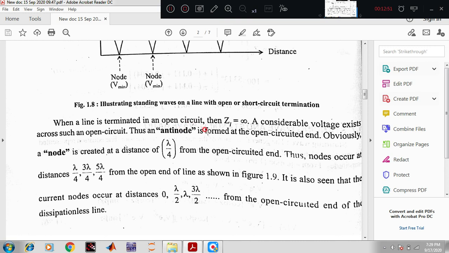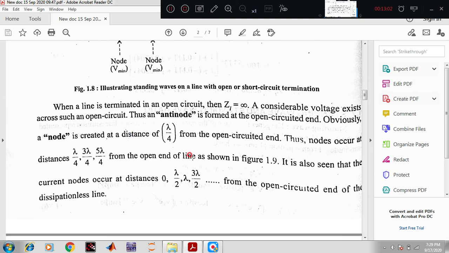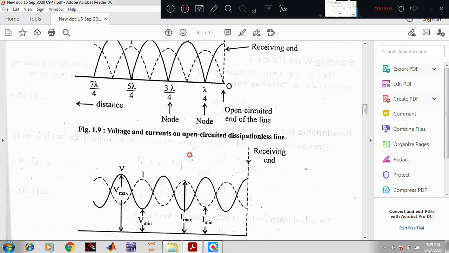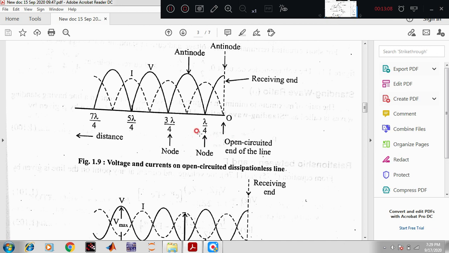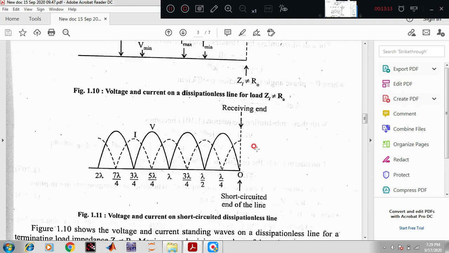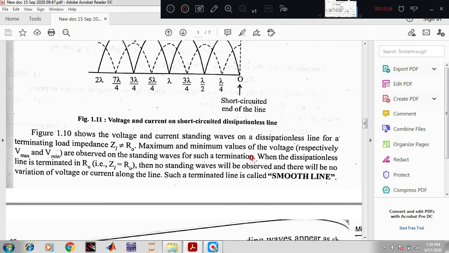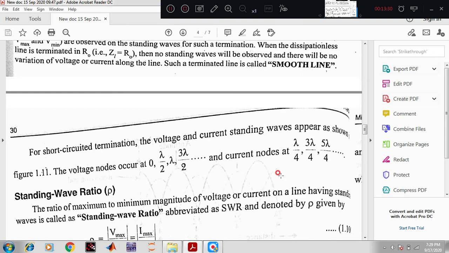The matched line. When ZL is not equal to Z0, a reflected wave occurs, and hence standing waves result. And then we discussed how the nodes occur with respect to the open circuited end of the line as well as the short circuited end of the line. And when ZL is equal to R0, the standing waves are not there, therefore there is no variation in the voltage and current along the line, and such a transmission line is known as a smooth line, right?